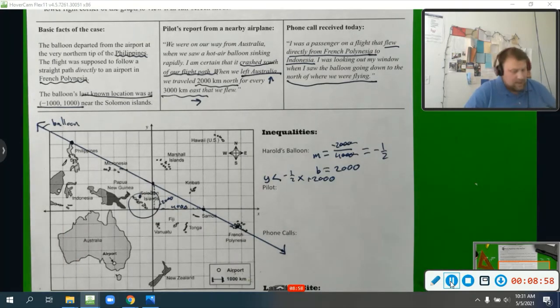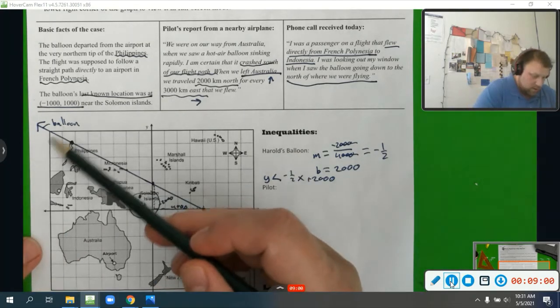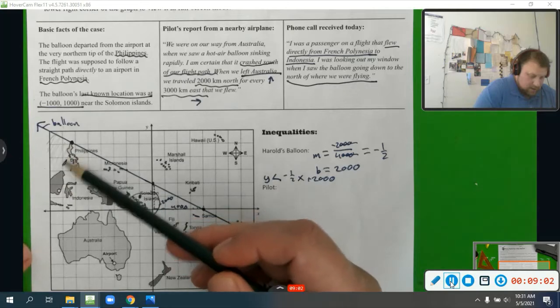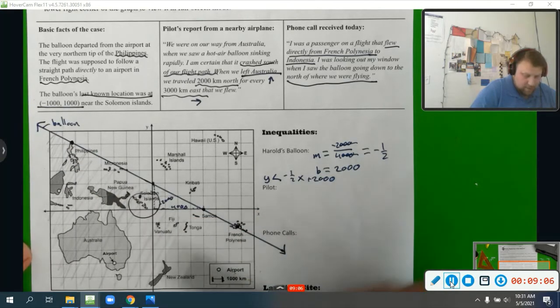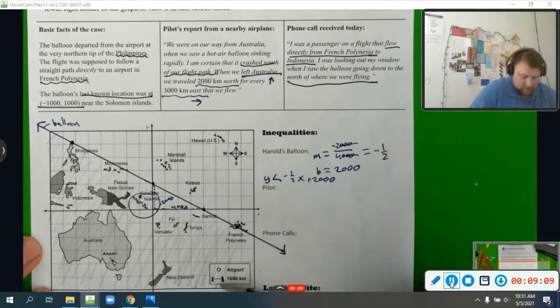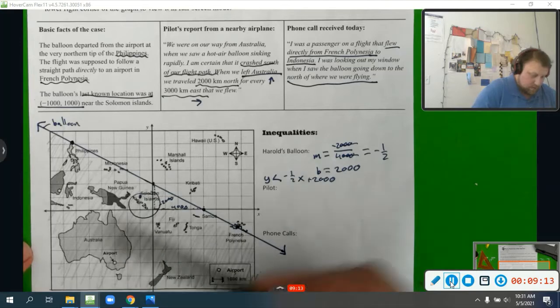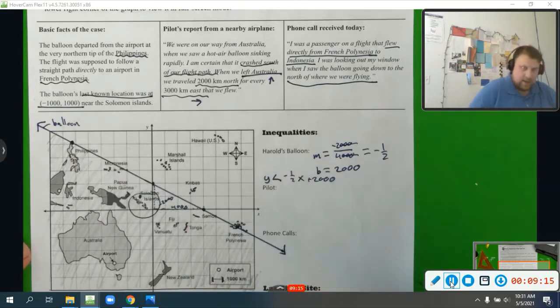And since it's less than, what we know is it is somewhere in this bottom half of the graph. All right? I'm just kind of lightly shading it in. And you'll want to lightly shade it in because it's going to get darker and darker as we shade a certain area. You'll see what happens here.